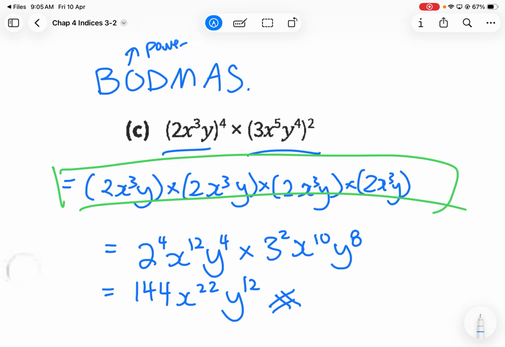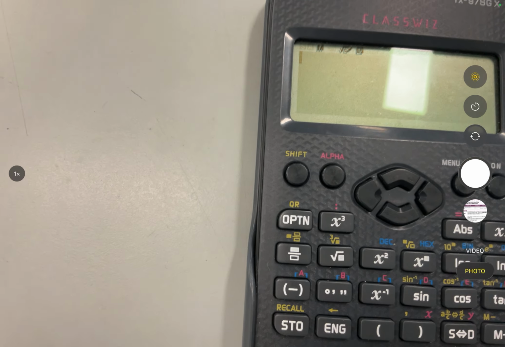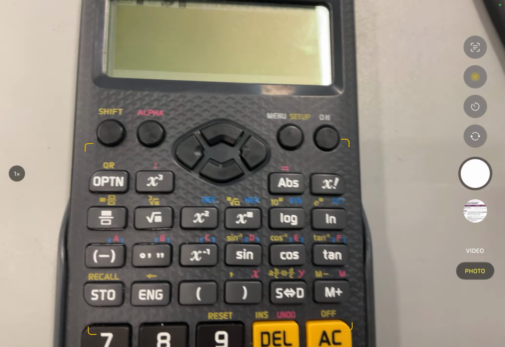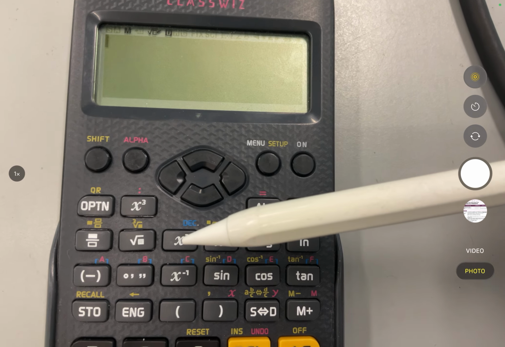One thing, if I want to use my calculator to key in power, do you all know where the button is? Okay, to use our calculator to key in power, there is a simple one where you have x squared.